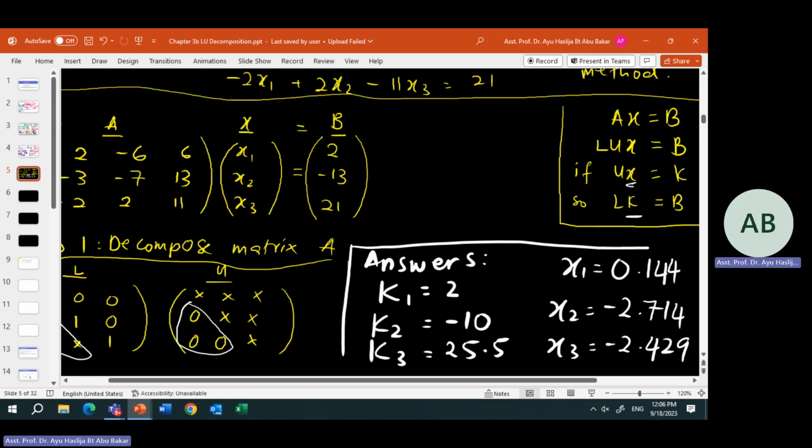You can try to validate using the calculator as well. You will get the same answer.